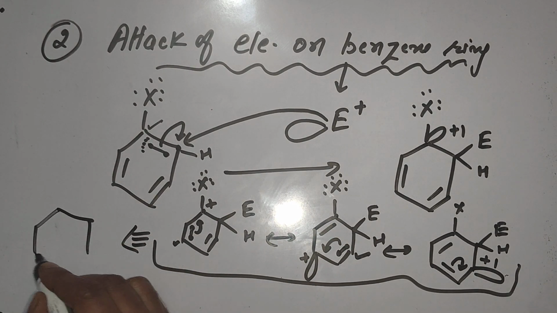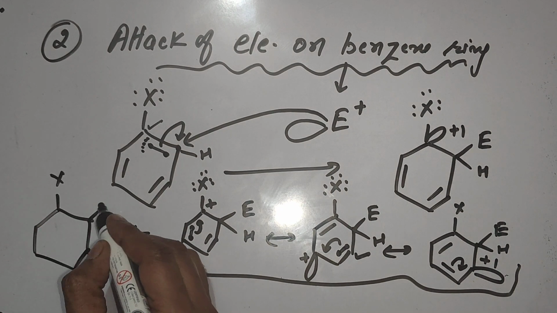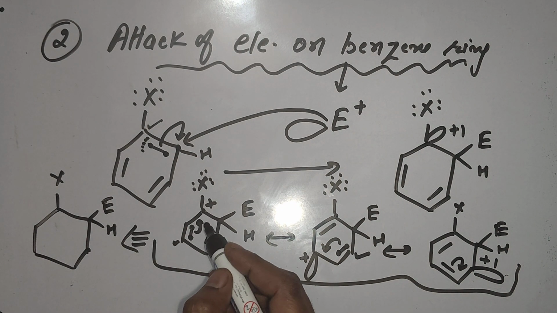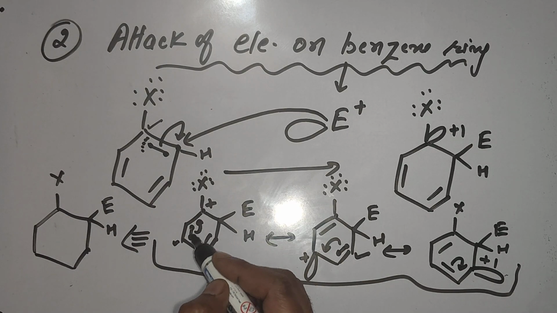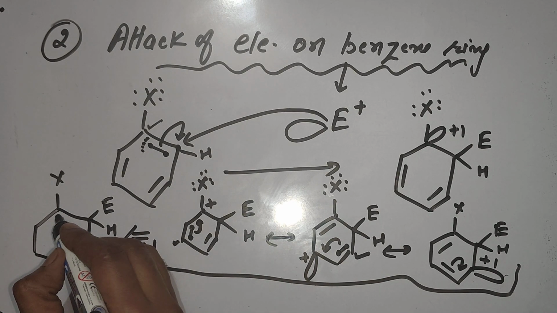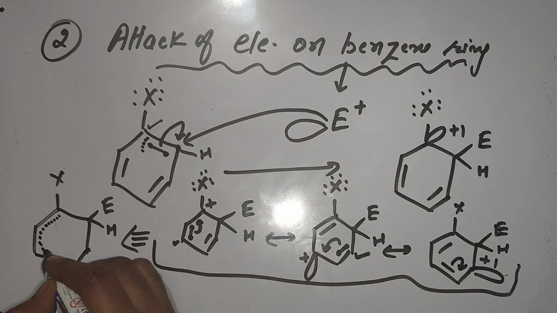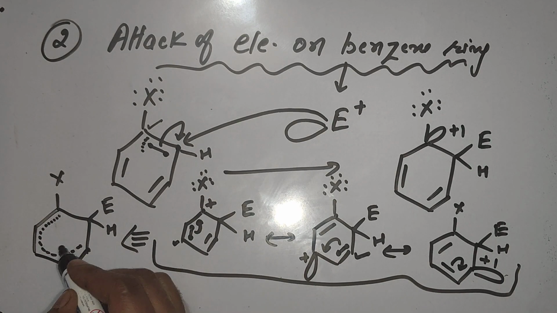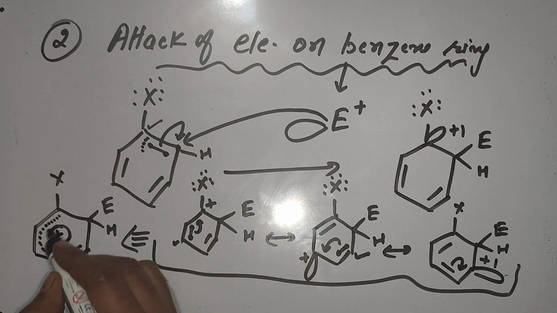Now overall, if I draw the average structure of it, average structure means you have to check from what position to what position the positive charge is moving. I believe from this carbon to this carbon the positive charge was moving. So these dots are showing movement of positive charge, and here I will write positive.